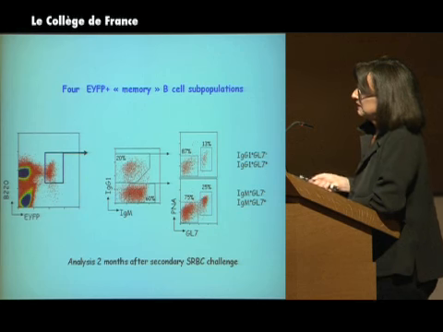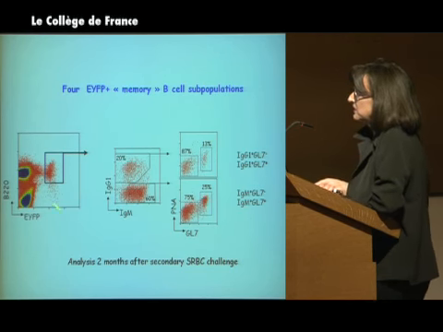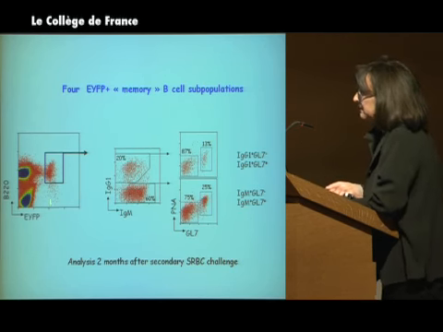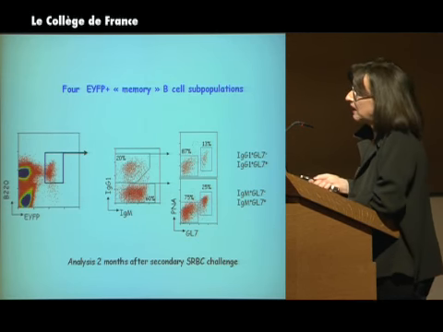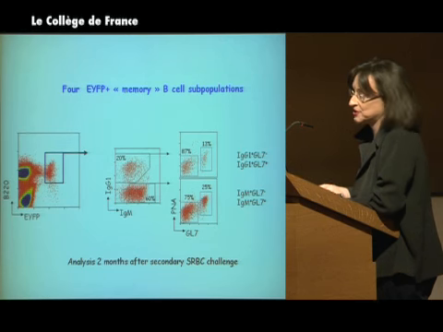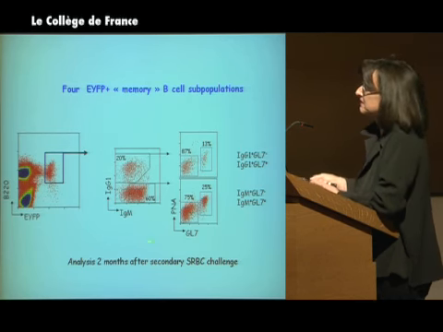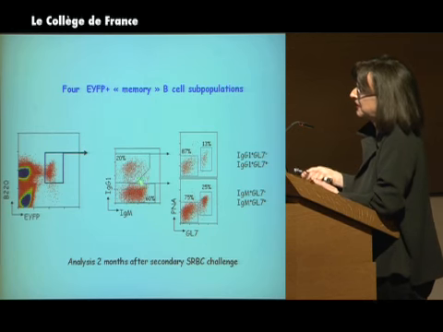So focusing by FACS analysis on these YFP labeled cells, we notice that in fact only a minority of them are IgG positive, which is the classical canonical marker for memory B cells, with a large proportion being IgM.